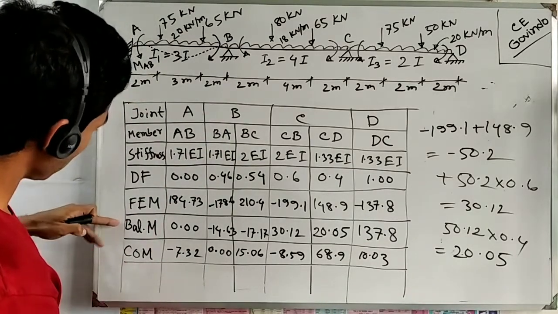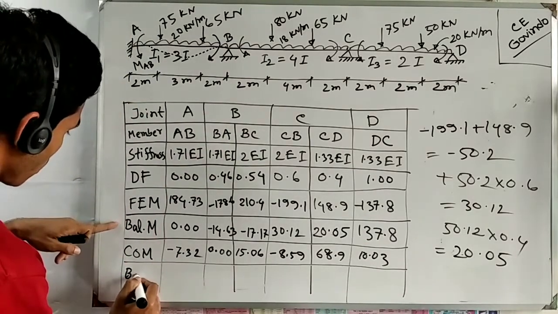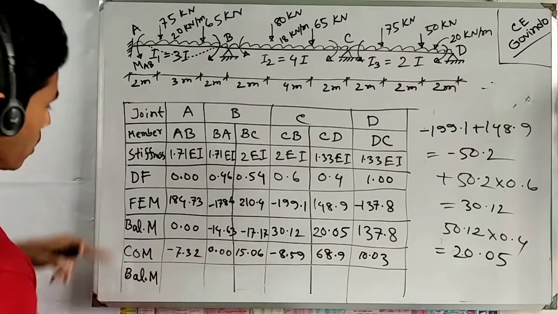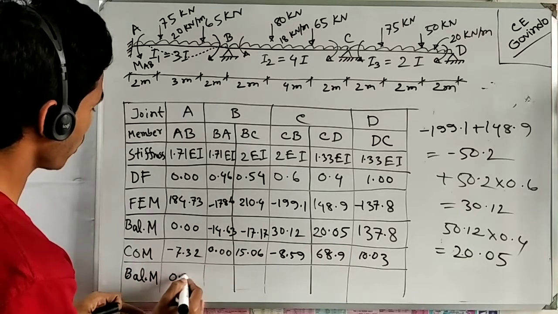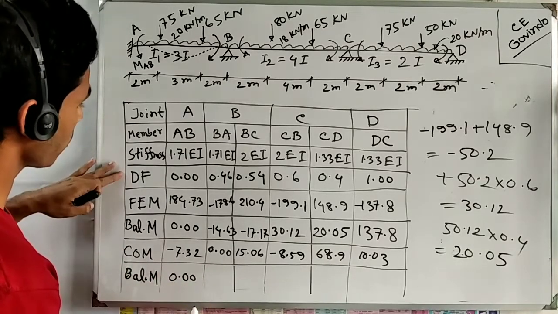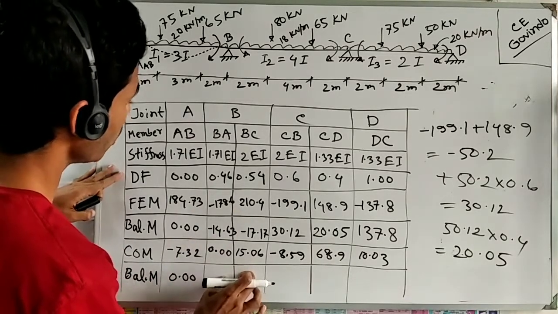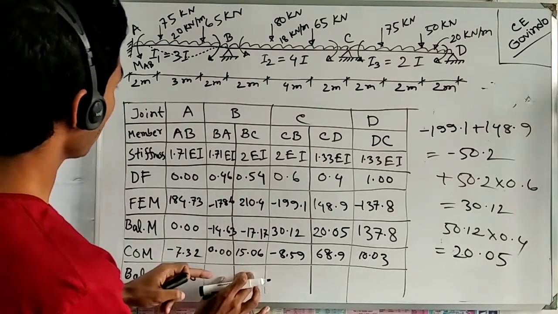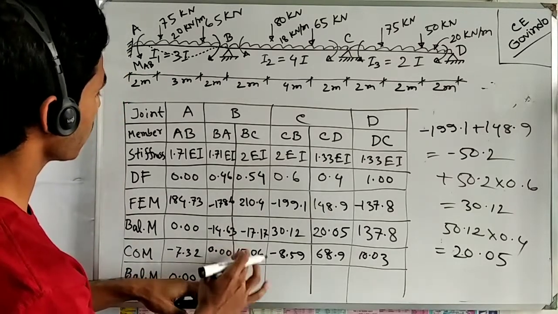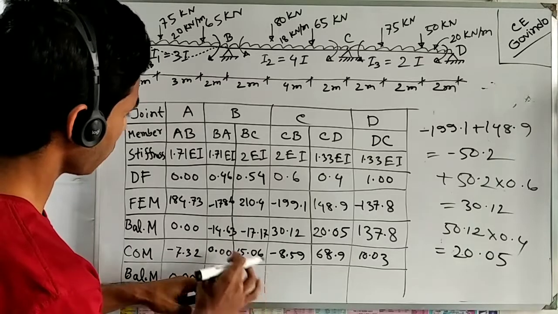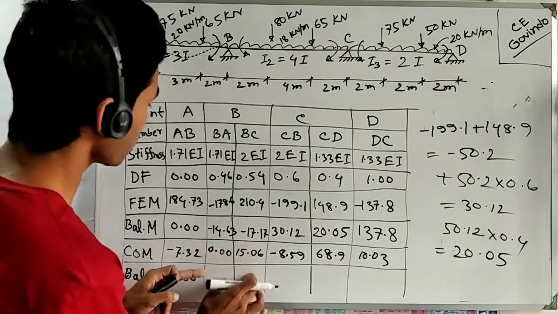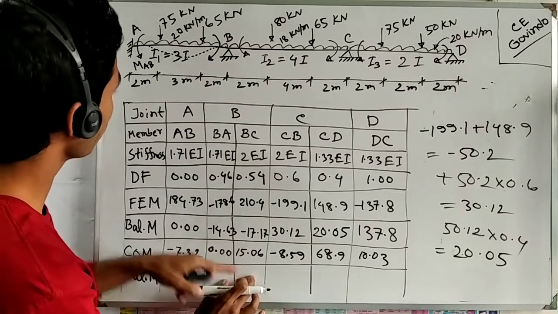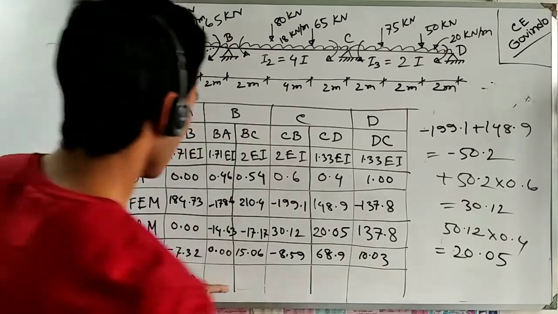Here we have done this row, now we need to balance this moment, which is the balanced moment. Again, the balancing moment of this joint will be 0.00 because the distribution factor for this member is 0. At this joint we have unbalanced moment. If we algebraically sum these two values, we will get 15.06, so we need to apply minus 15.06, and minus 15.06 will be distributed between these two members.